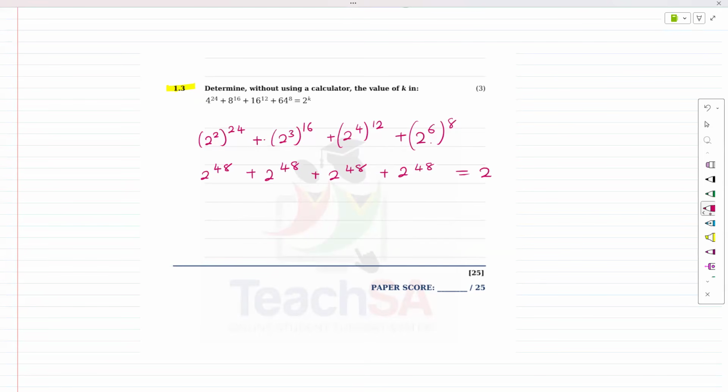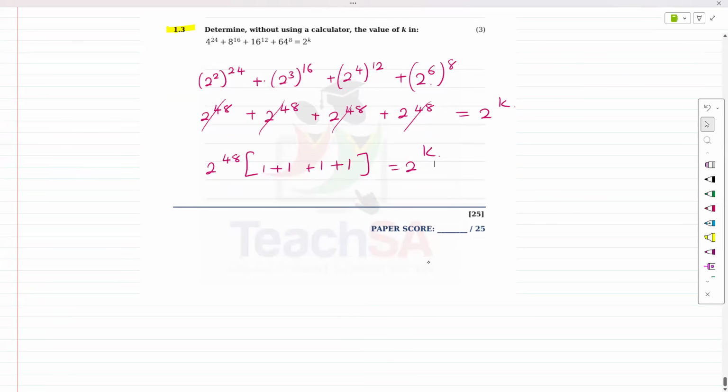And all of that equals 2 to the k. Now, guys, if I take out 2 to the 48 as a common factor, I'm left with 1 plus 1 plus 1 plus 1. And that equals 2 to the k. Now, this one is iffy. Might be a bit difficult from here, but okay.